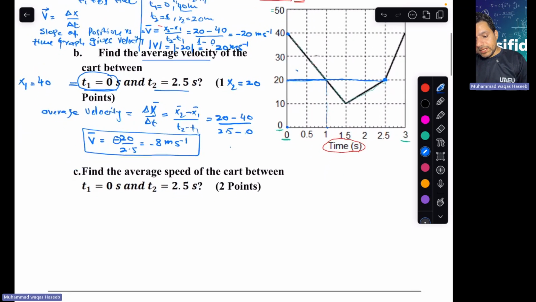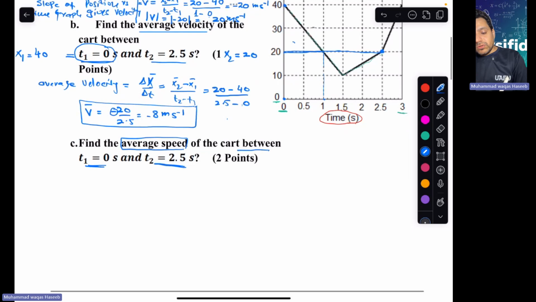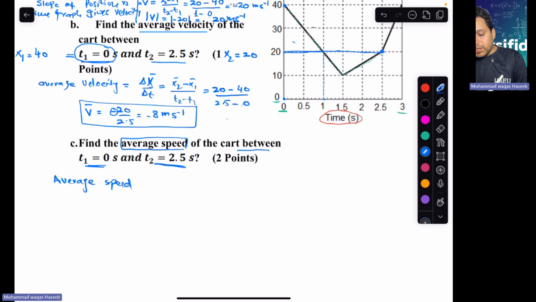Okay, next, how do you find the average speed? The average speed of the cart between t1 equals 0 and t2 equals 2.5. Average speed is nothing but the total distance divided by the total time.